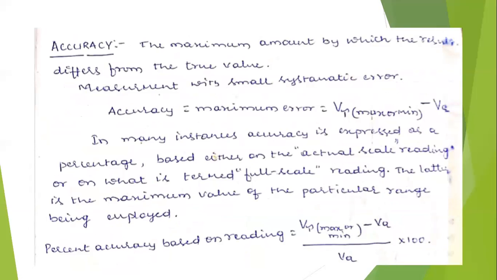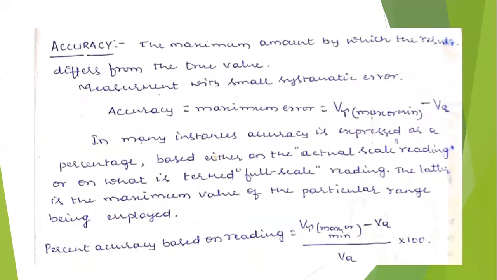Accuracy. The definition of accuracy is very, very important for mechanical engineers. Accuracy means, say, I ask you to measure the diameter of the shaft. The actual diameter of the shaft is 20 millimeter. And if you measure the diameter of the shaft, you have 20.001.